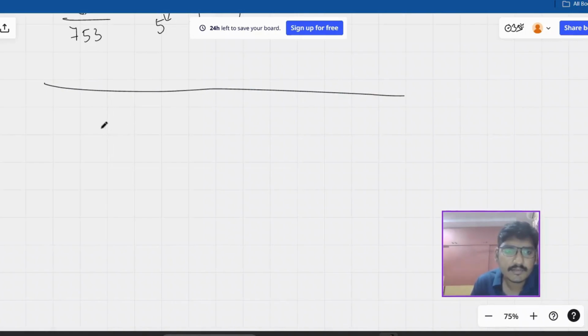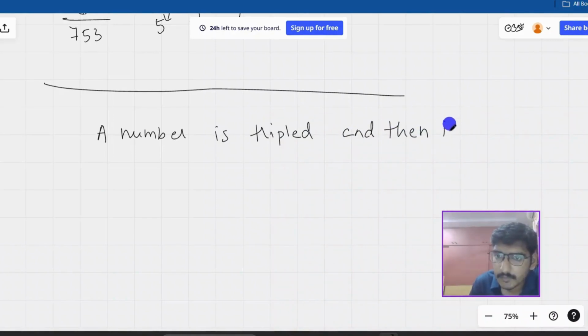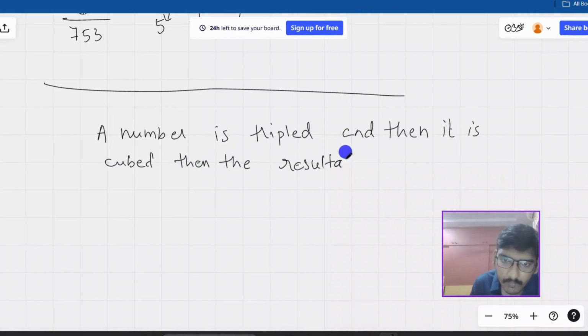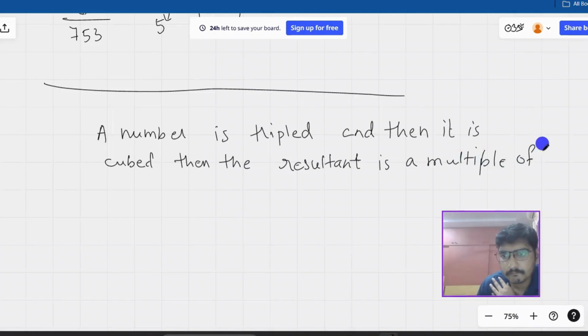And let us check, for example, a number is tripled, and then it is cubed, then the resultant is a multiple of 27. Verify or prove.